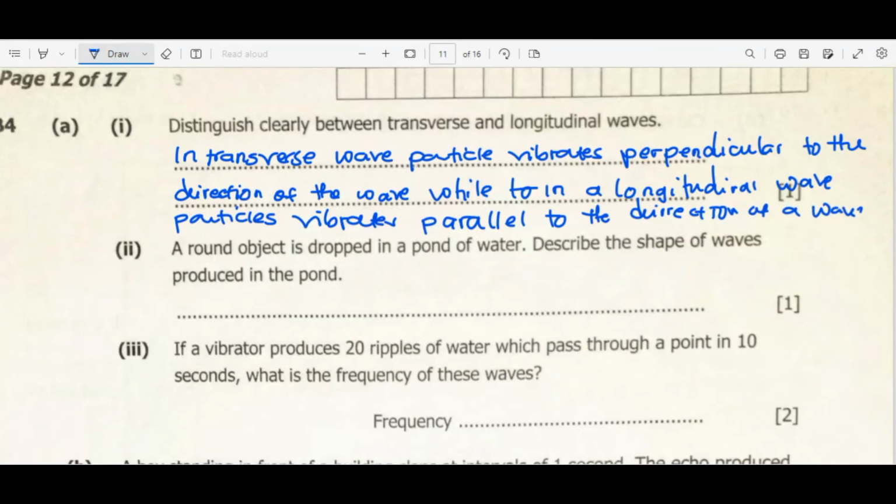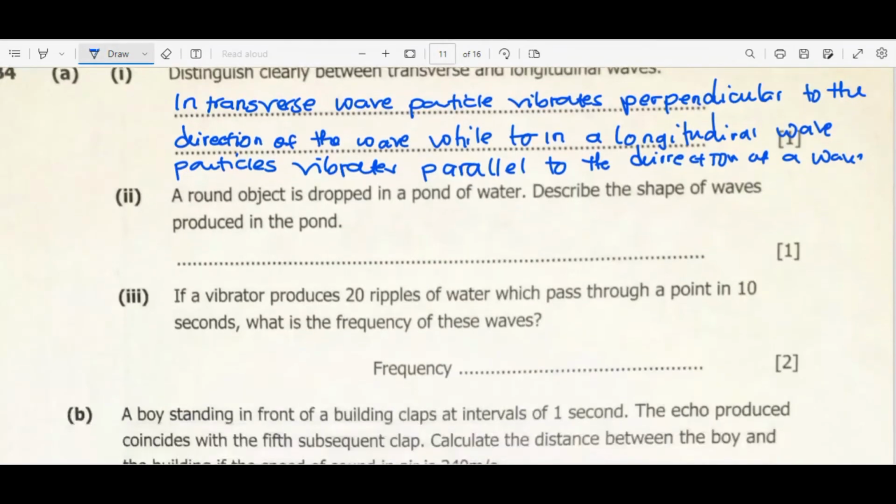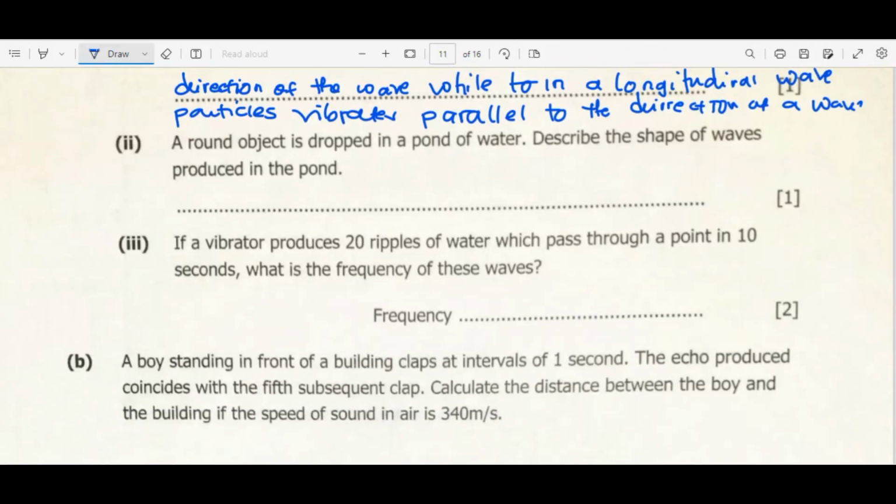Right, so we move on to Roman number 2. A round object is dropped in a pond of water. Describe the shape of waves produced in the pond of water. So we are going to have a water wave, and a water wave is an example of a transverse wave.